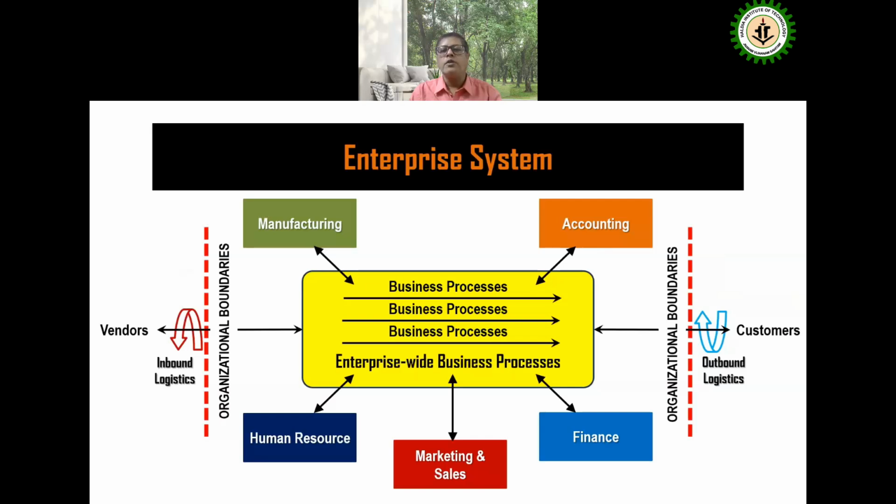So whenever the organization is dealing with e-commerce, that is online purchase and selling of goods and services, this common platform, that is enterprise system, takes care about the interface or the computerized systems used by the vendors as well as customers.